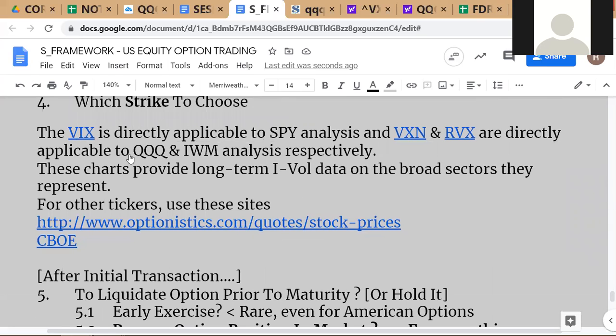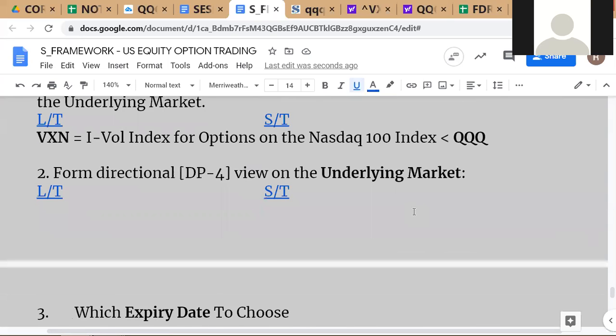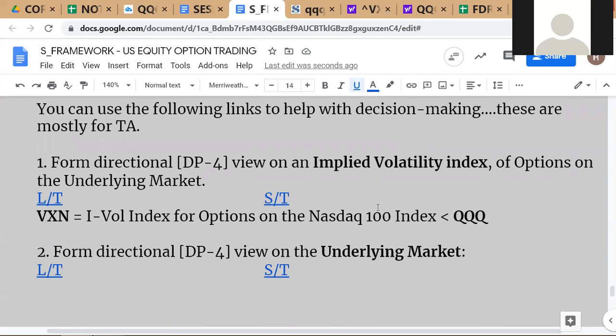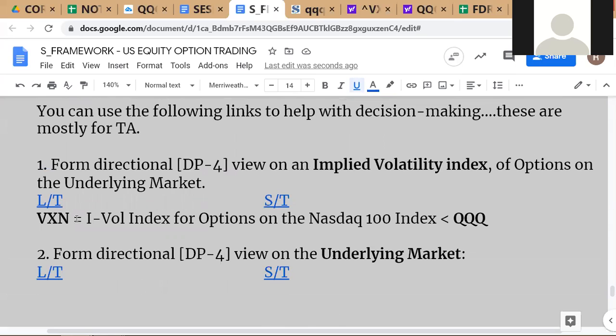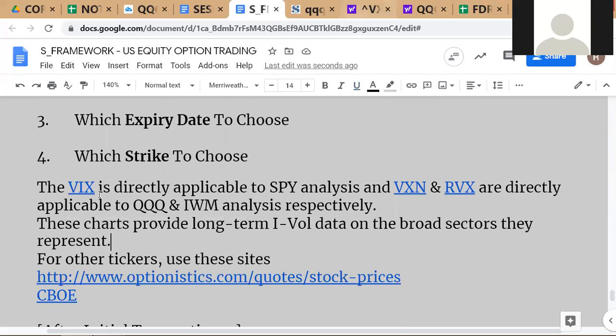Unfortunately, the VIX link is not working. So for the SPY, as I've shown you, when you're trading options on QQQ for long-term eyeball data, you can use VXN as a ticker. And if you are able to make that chart work on Yahoo Finance, then for the SPY the corresponding one is VIX.